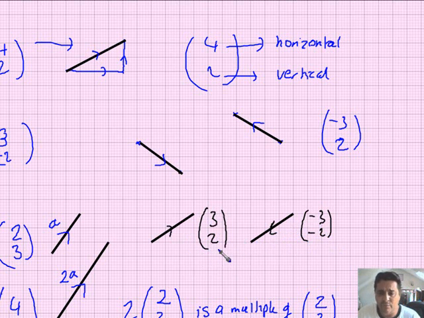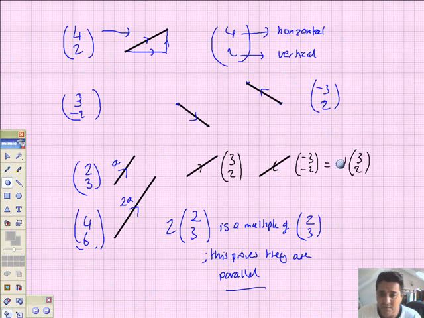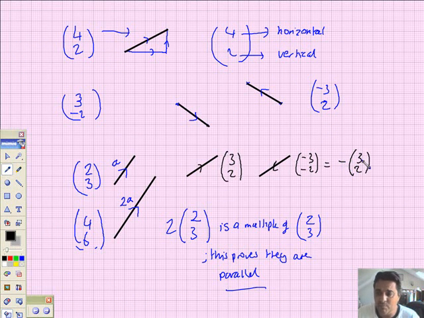How would I prove that they're parallel using factors? Well, if I take out minus 1 from this one, it would be minus lots of 3, 2. In fact, being algebra, I don't need to put a minus 1 in front of it if I just put a negative there. So minus 1 times 3, minus 3, minus 1 times 2, minus 2.